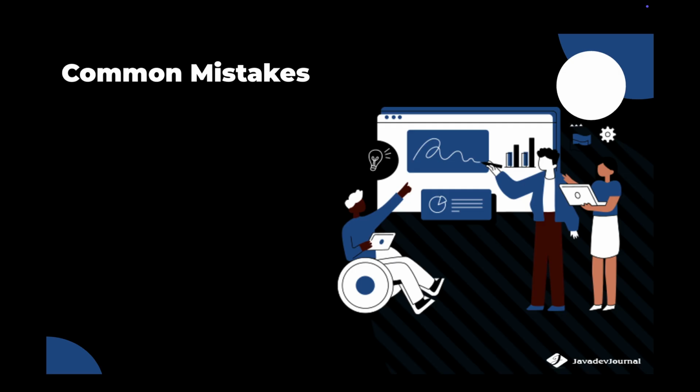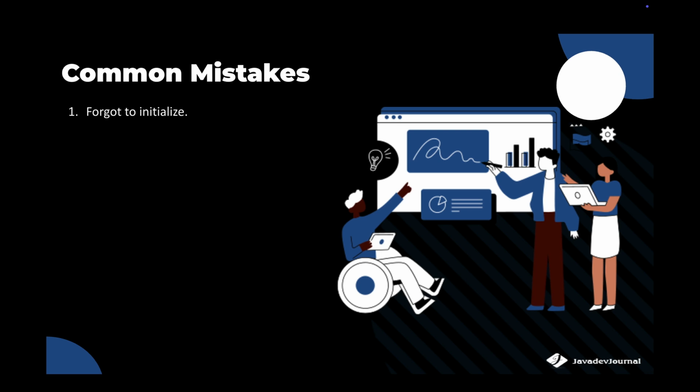Okay, so there are a few common mistakes when we talk about Java variables. Number one is that sometimes you forget to initialize a variable. What it means is, you declare a variable and then, without initialization or without assigning a value to the variable, you try to use it.